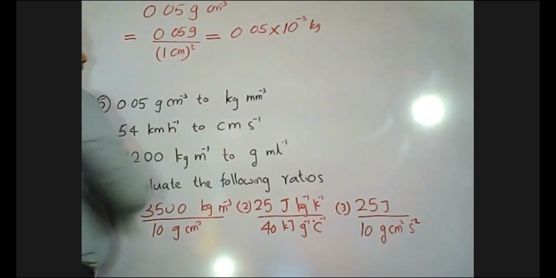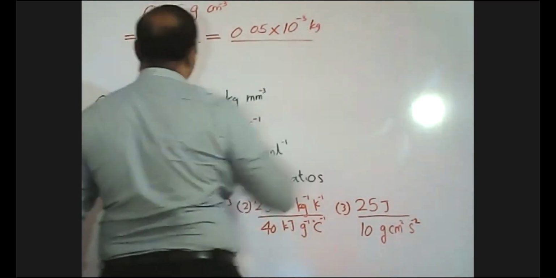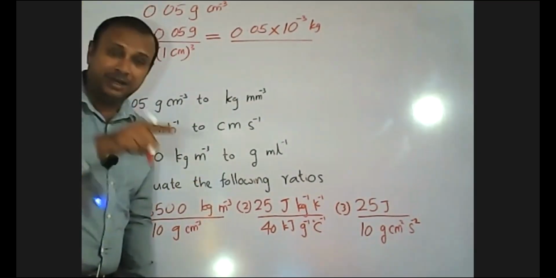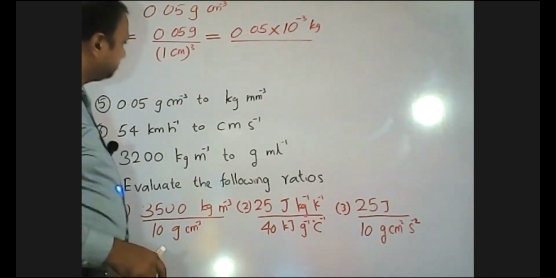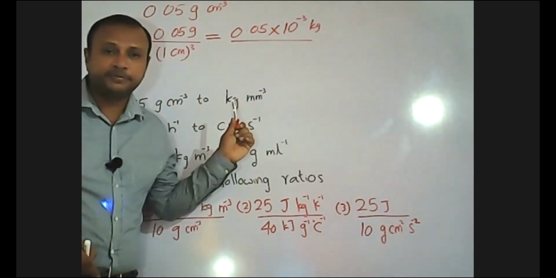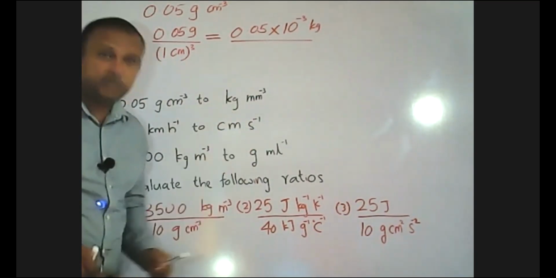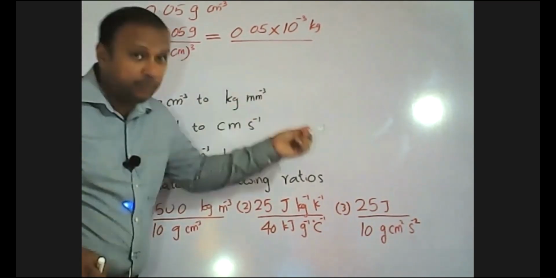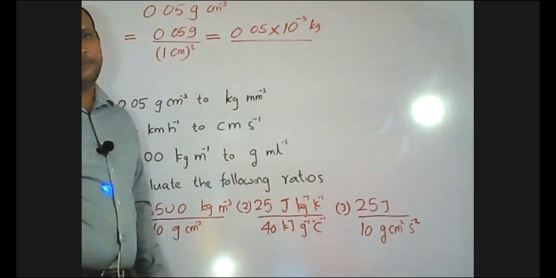Then I have to convert centimeter to millimeter. So what is the small scale here? Millimeter, no? Not centimeter. Millimeter is the small scale. So converting centimeter to millimeter means converting a larger scale into a smaller scale.